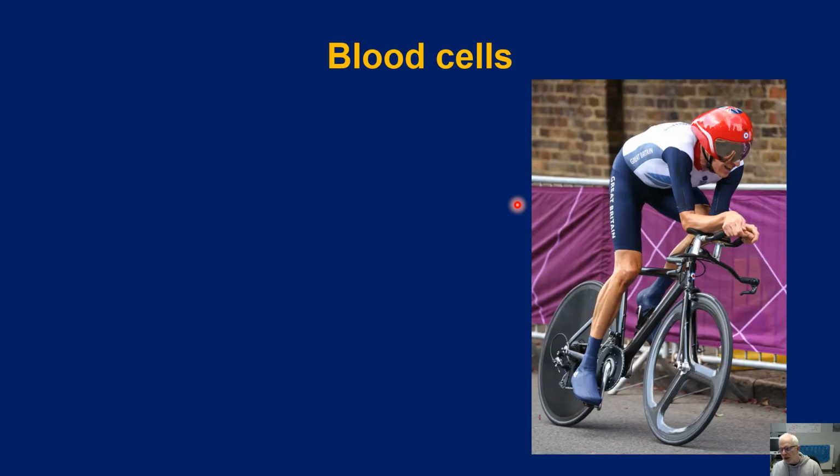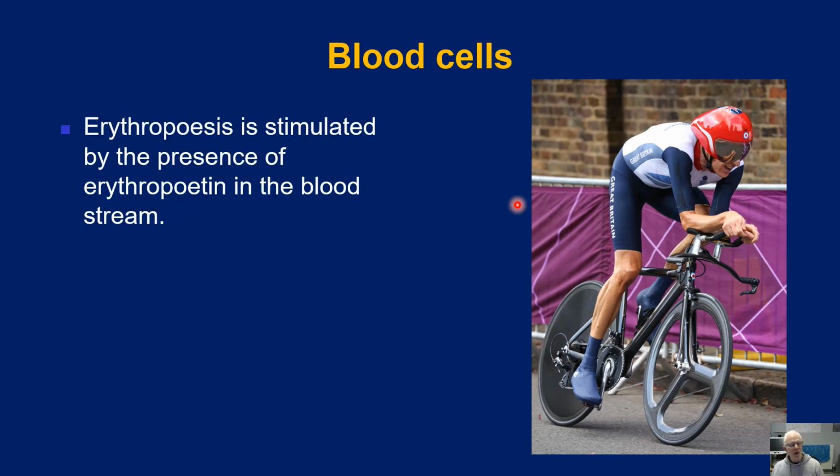So when we think about the blood cells themselves, we're looking at the constituents of the blood cells. What we have to think about is that process. The process is really engendered from the notion of erythropoiesis, which is the process by which red blood cells are produced. Erythropoiesis is stimulated by the presence of erythropoietin in the blood.